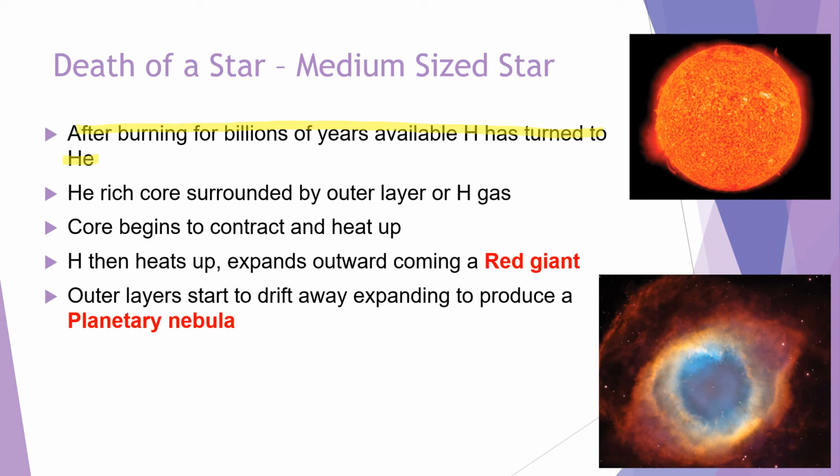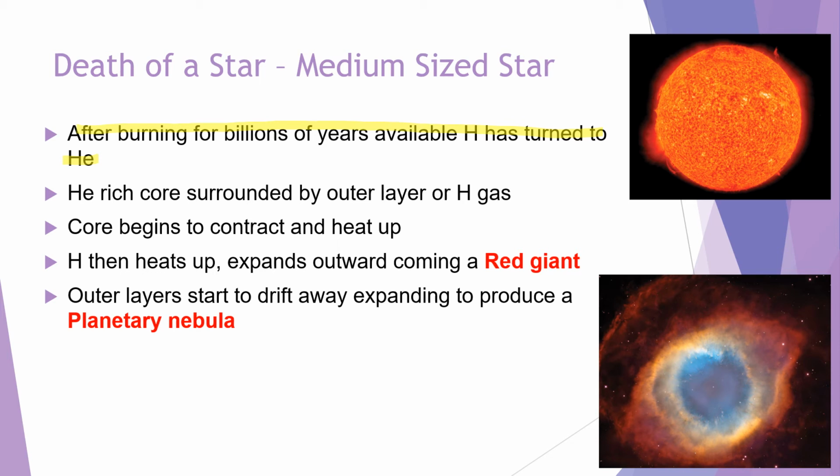Okay, but eventually that hydrogen runs out. Okay, and when that hydrogen runs out, a helium-rich core becomes surrounded by outer layers of hydrogen gas. Okay, so now the core is helium-rich, and the helium gases have kind of drifted away from the core. The core begins to contract and heat up.